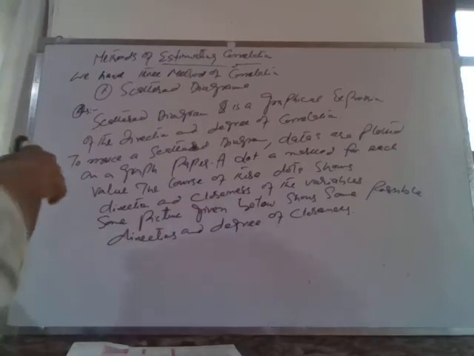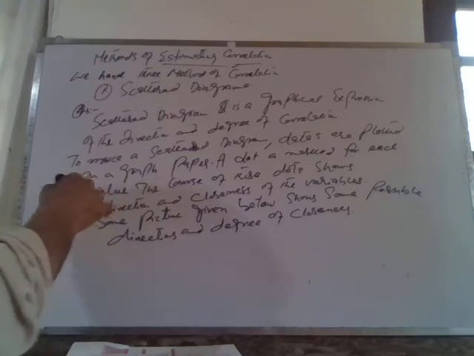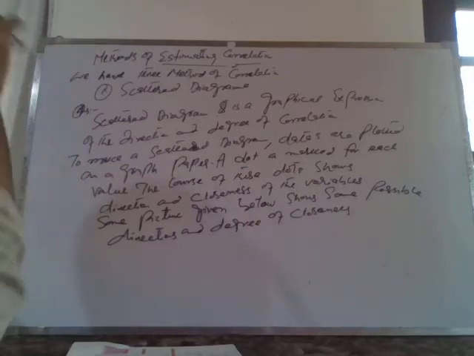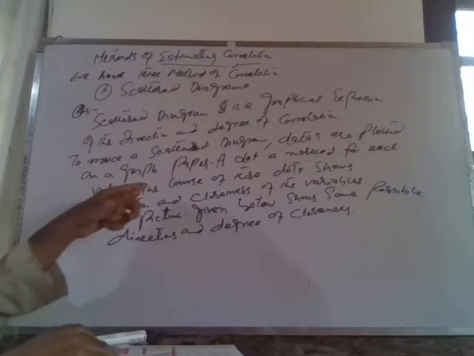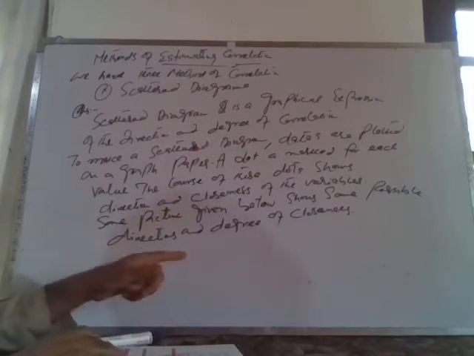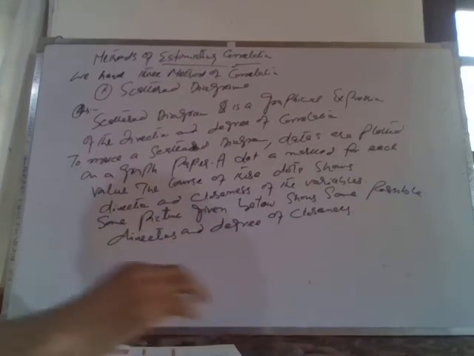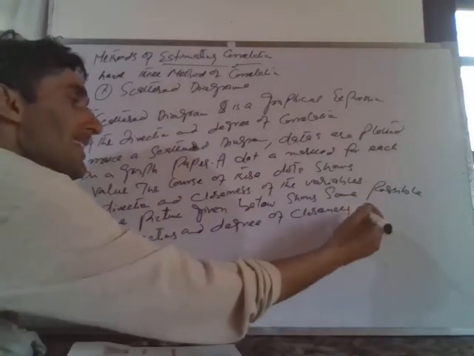The course of these dots shows whether they are positively sloped or negatively sloped. Then they show negative and positive correlation. So the course of these dots shows direction and closeness of variables. Some pictures given below show some possible directions and degree of closeness of variables.